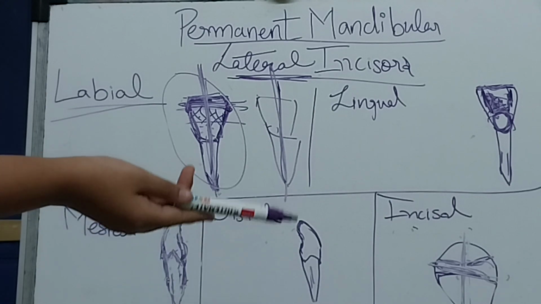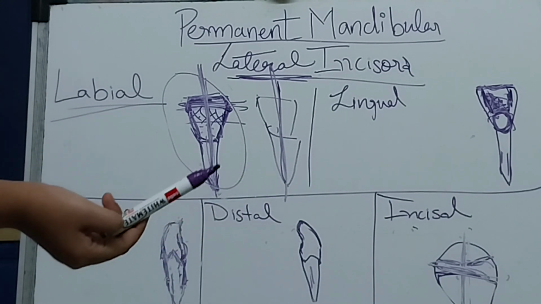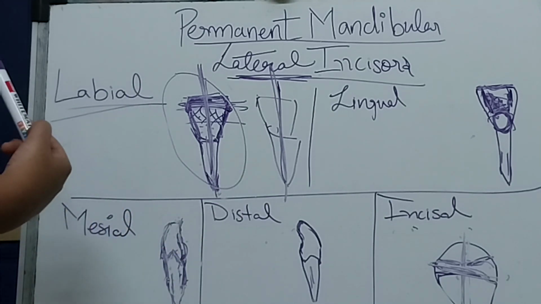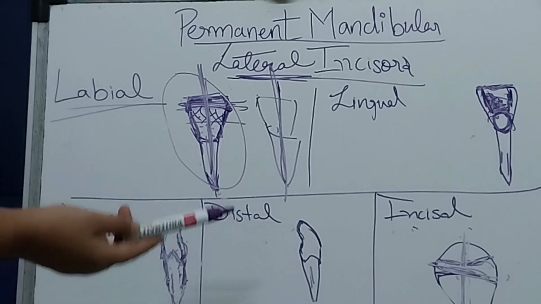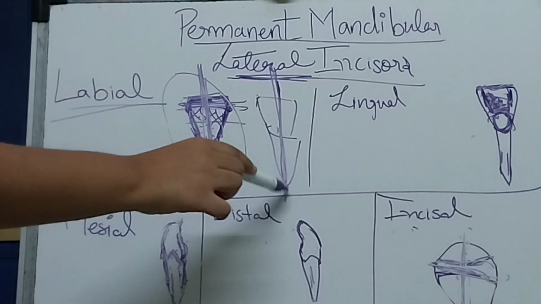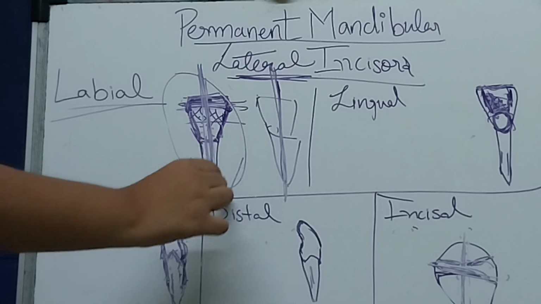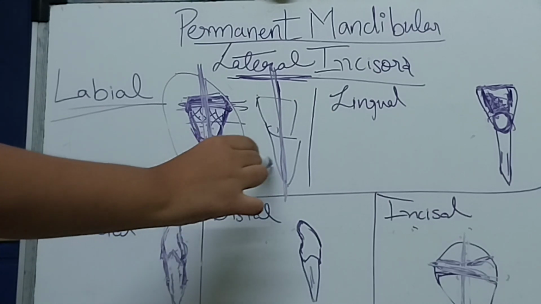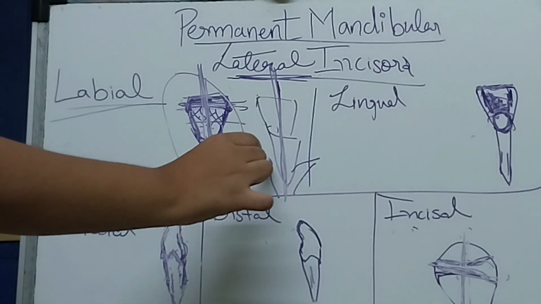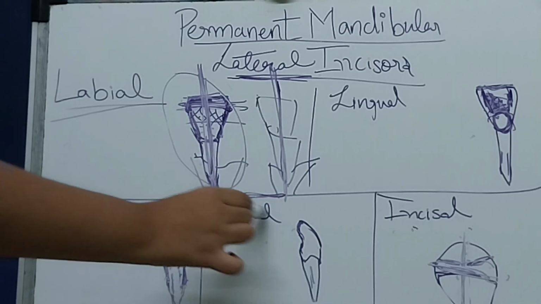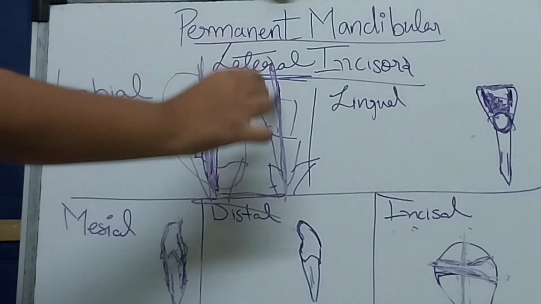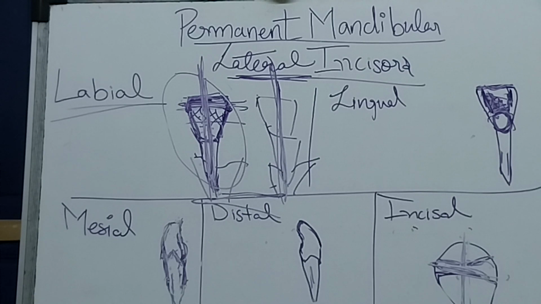Even though this is a factor, it doesn't change the fact that these lines are parallel. They fit in the alveolar bone like this. Supposing this is my alveolar socket, these root axes are parallel.